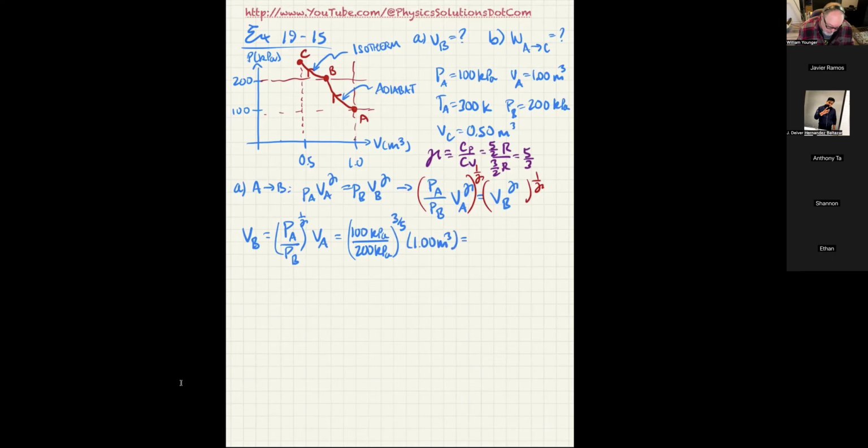If I take 0.5, which is what 100 kilopascals divided by 200 kilopascals is, and raise it to the 3/5 power, which is 0.6, then I get 0.6299.